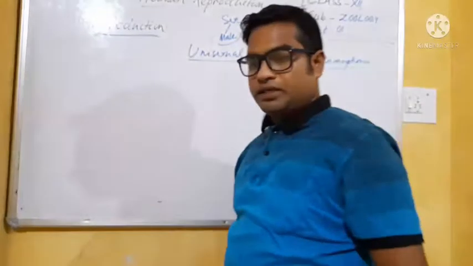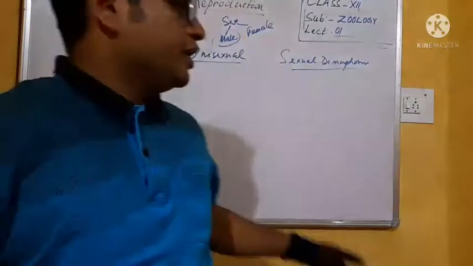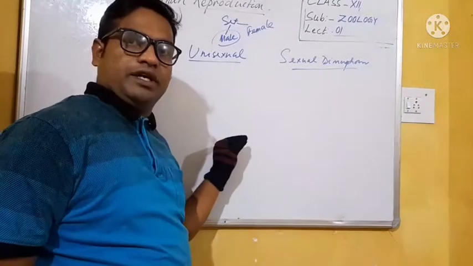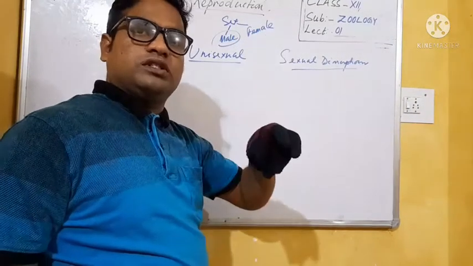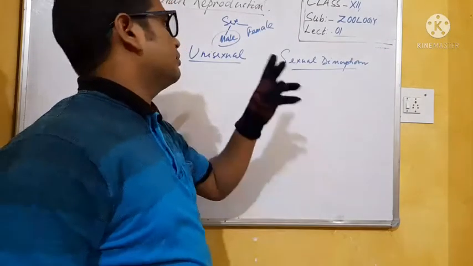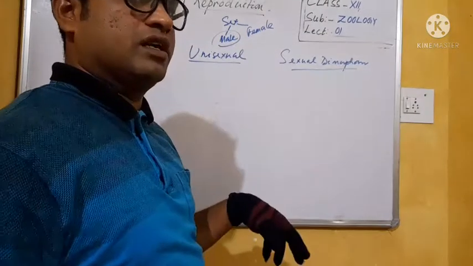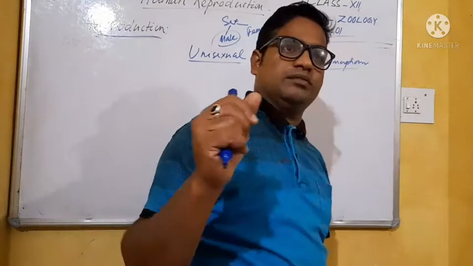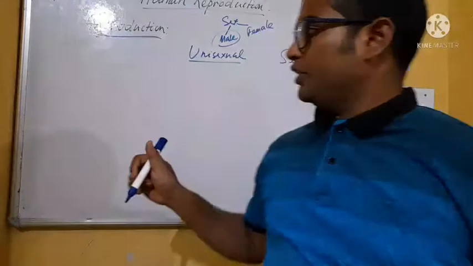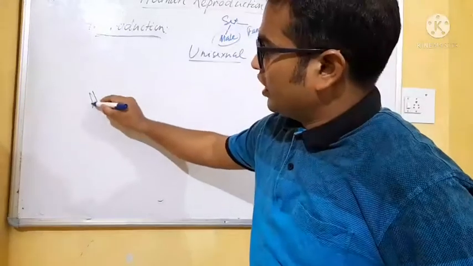If an organism contains both sex organs, like male and female organs, that organism is known as hermaphrodite.